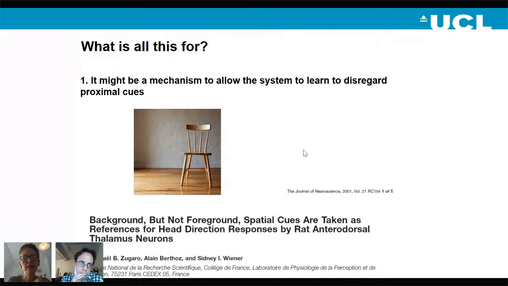And we know that the head direction system has had to do this in a number of different domains. For example, we've known for a long time that the head direction system is predominantly driven by distal landmarks and not proximal landmarks. A proximal landmark is something that you can walk around, like a piece of furniture in your room, whereas a distal landmark might be the hill that I can see when I look out of the window, or something far away, or even to some extent the window itself, but something that you can't walk around.